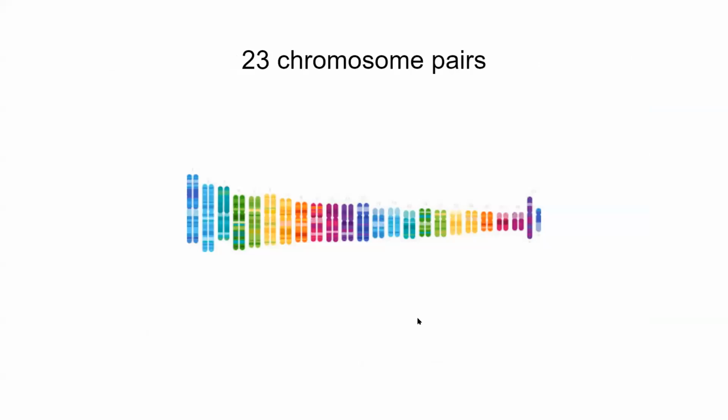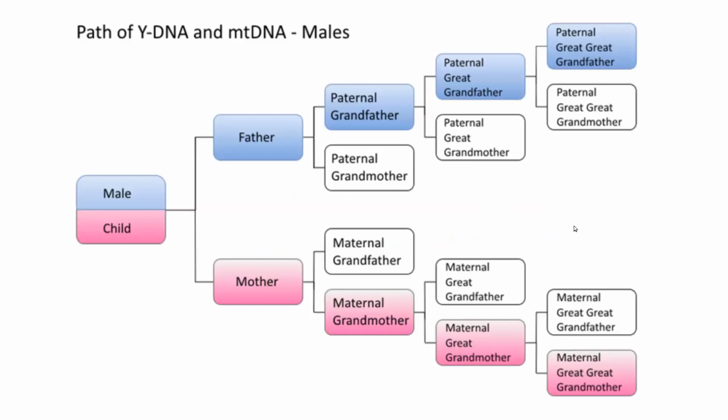So this is what it looks like if you put DNA into an analytical technique. This is from a man, 46 chromosomes in 23 pairs. And this is a man because I've got an X and a Y at the end. We're not going to talk particularly about Y-DNA and mtDNA today, but the first DNA analyses were done for your paternal line.